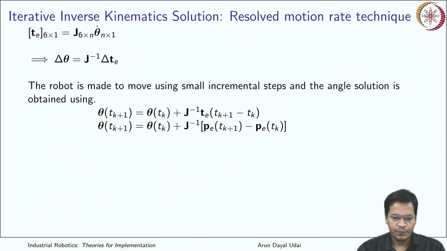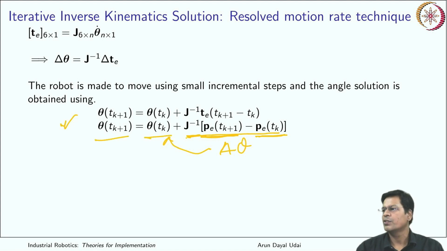This is your change in position of the end effector. This is where you want to go. This is where you were. Taking the difference and multiplying with Jacobian inverse gives you the delta theta vector, and that is added to the initial joint angle to get the new joint angle. So you can move this way also.